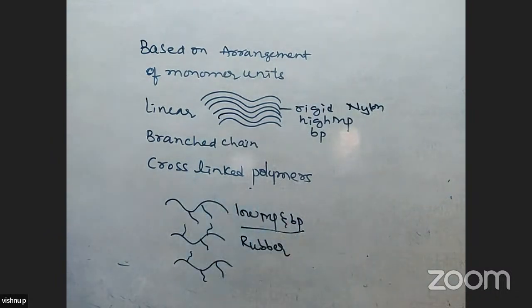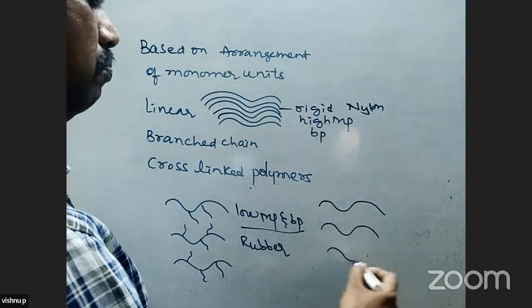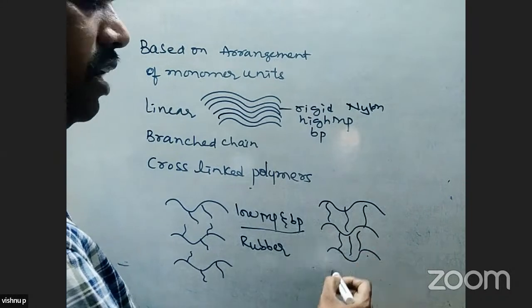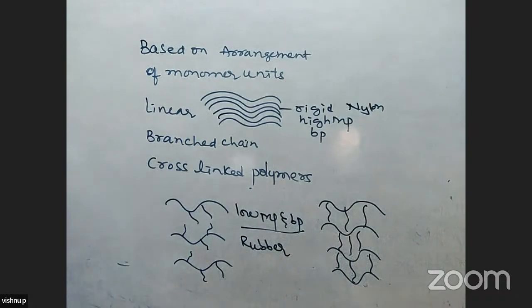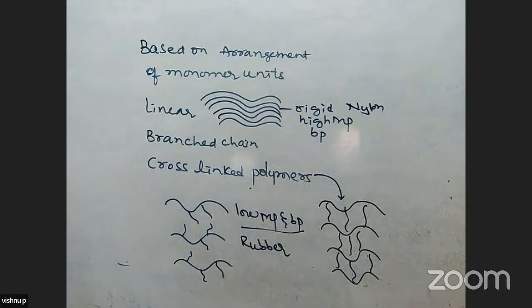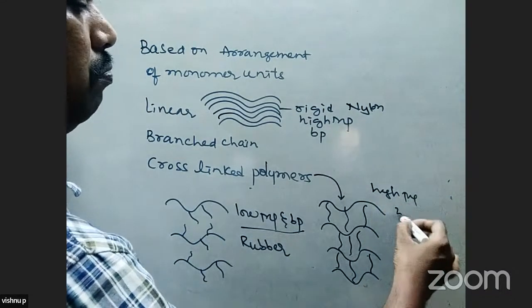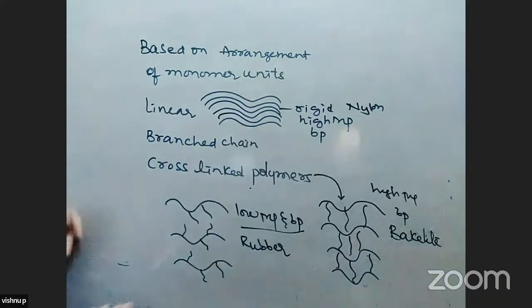In cross-linked polymers, monomers are arranged in a proper way. Branches are also arranged in a proper way. This is the arrangement of branches. So the arrangement of these cross-linked polymers is three-dimensional. The arrangement is proper, so they are rigid, with high melting and boiling points.